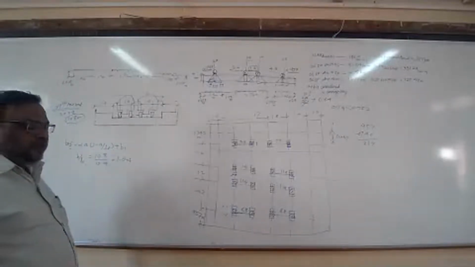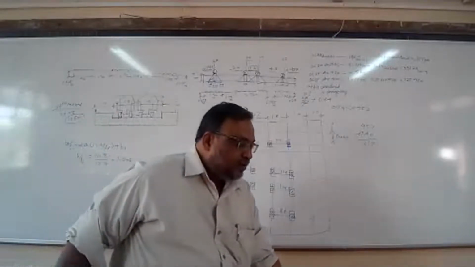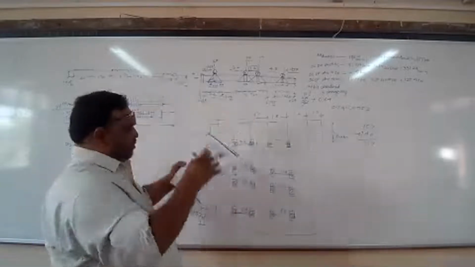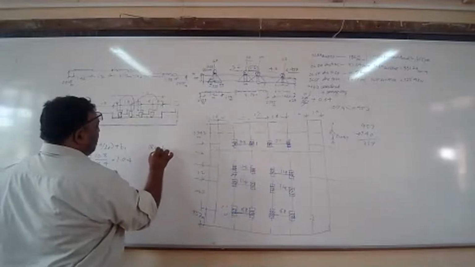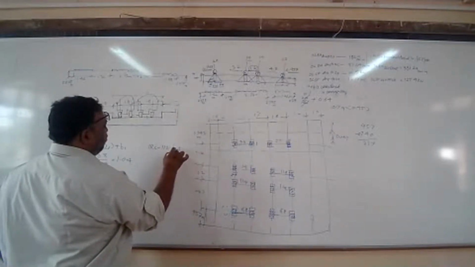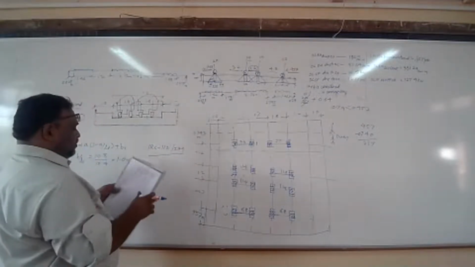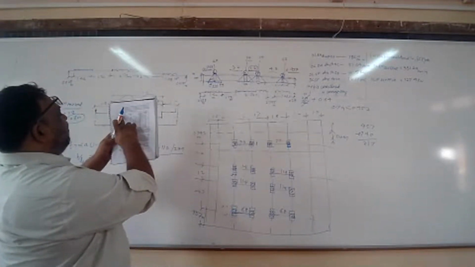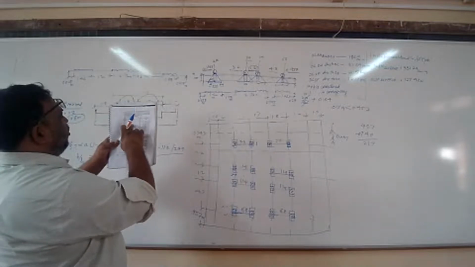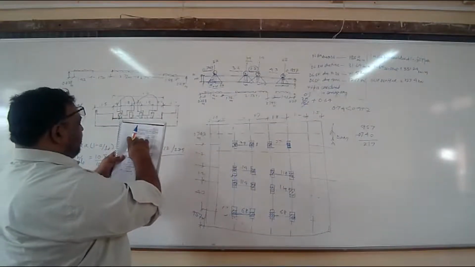Okay. So what is the value of alpha? Where will you get it? It is on page number 279 of IRC 112. Page number 279. B by L naught, different values of alpha for simply supported slab or linear slab. Ours is a simply supported slab.